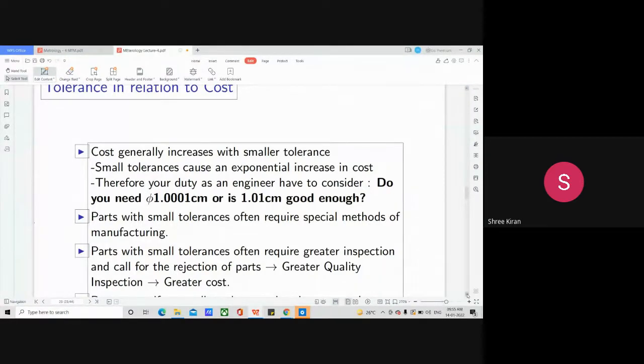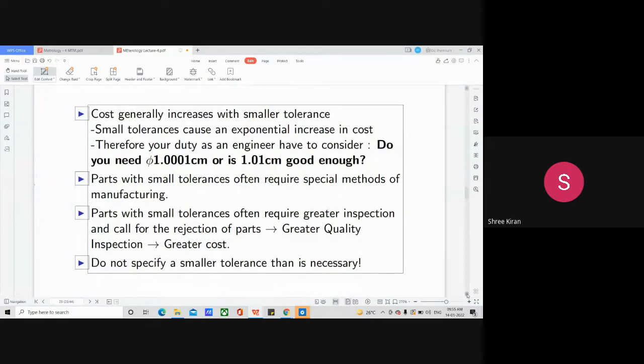Cost generally increases with smaller tolerances. As we discussed in the last class, as the precision and accuracy increase, the focus on the products increases. When we increase the focus on the products, more complicated manufacturing machines and highly skilled labor are required.